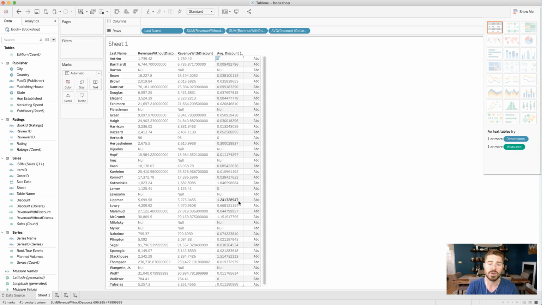You could ask yourself, are we discounting books in certain genres more highly than others? Are we discounting some individual books more highly than others? Paperbacks versus hardcovers? Are we offering different discounts at different times of year?